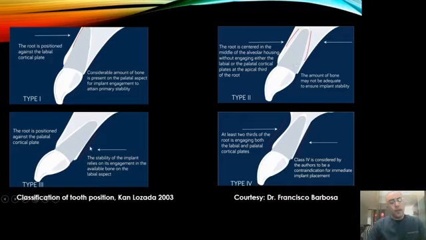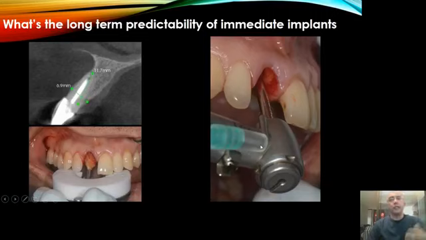Type 3, we have the tooth engaged into the palatal plate with only the possibility of engaging the implant in the middle or on the buccal plate, and type 5, which is not a good option to do an immediate implant.